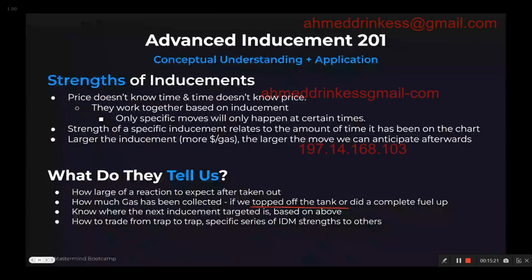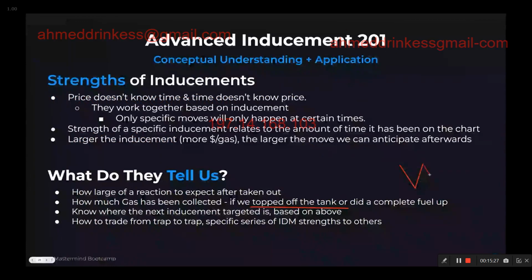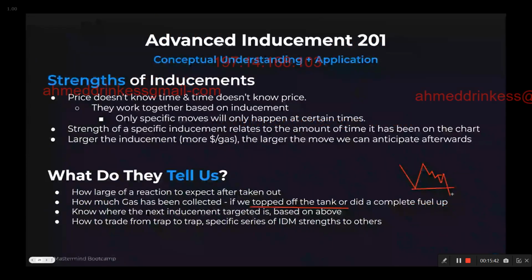Are we just topping off the tank, putting in the extra fuel to then get to our destination? If we're already in sells, maybe this is some 1 minute right here. Are we just topping it off a little bit then to go lower? Or have we already made the main fuel up and are we ready to go the other direction?